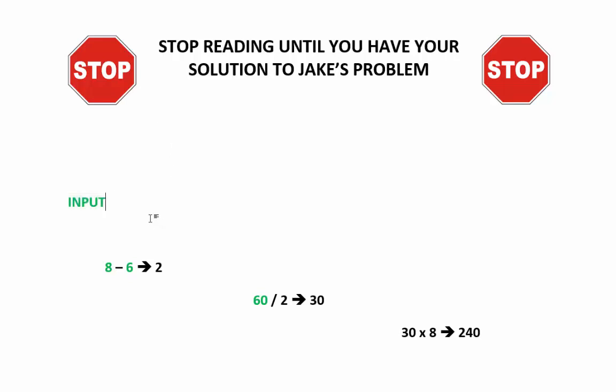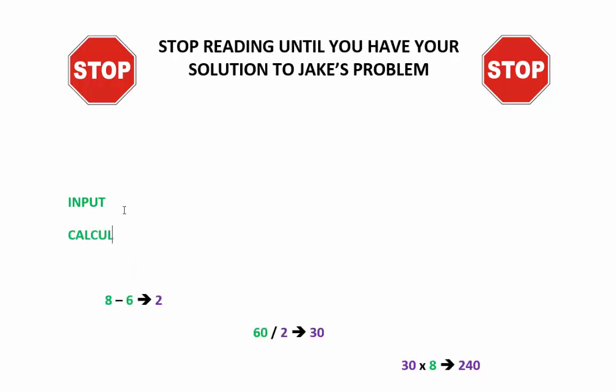Then we also have some values like 2, 30, and 30 again, and 240. Okay. So these values, 2, 30, and 240, these are calculated values.